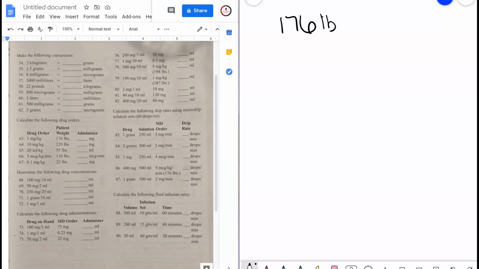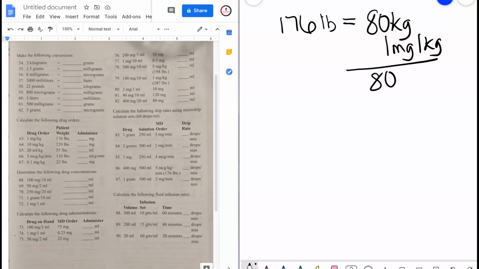So this is one of your benchmarks. 176 pounds is 80 kilograms. So if you have a drug order for 1 milligram per kilogram, pretty simply, you should be giving this patient 80 milligrams.